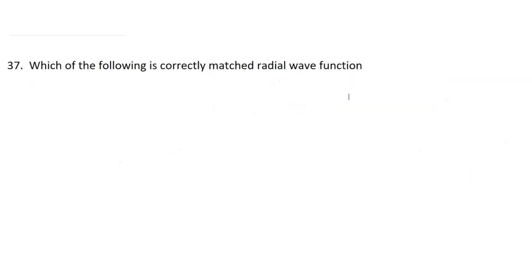Moving to the next question. Which of the following is correctly matched radial wave function? The options were given in terms of Z, the atomic number. As we know, for 1s we have studied the wave function as 1 by root pi times e raised to minus r by a naught.